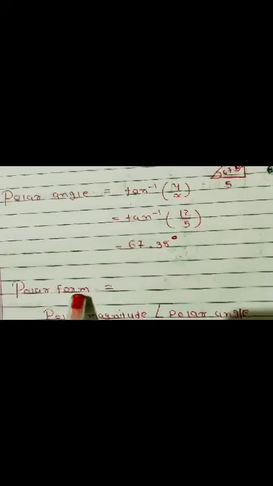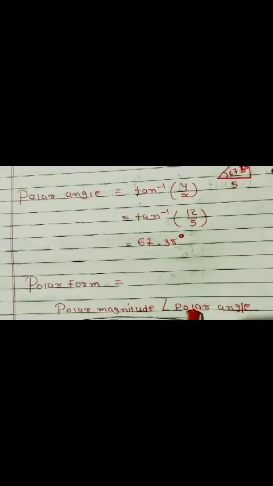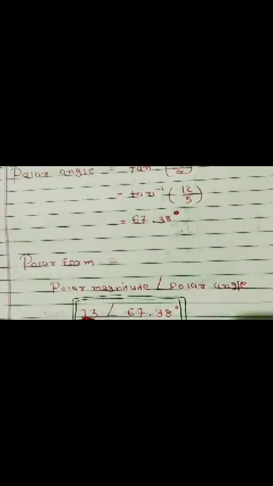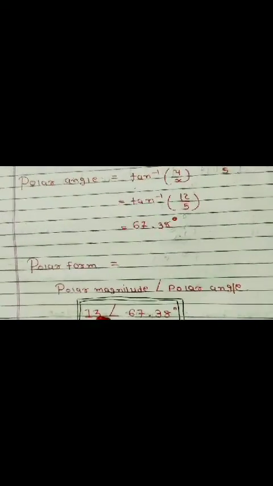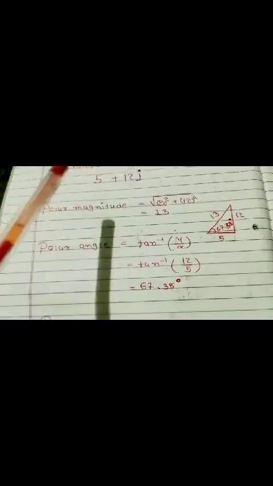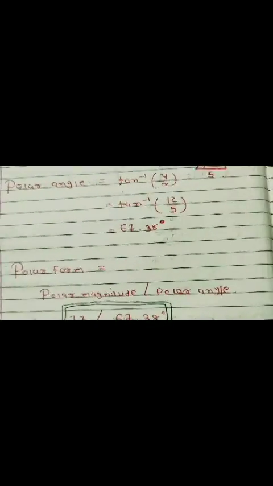So in a polar form, this is a common equation: polar magnitude, angle, and polar angle. So you can write this rectangular form as 13 angle 67.38 degrees. Okay.